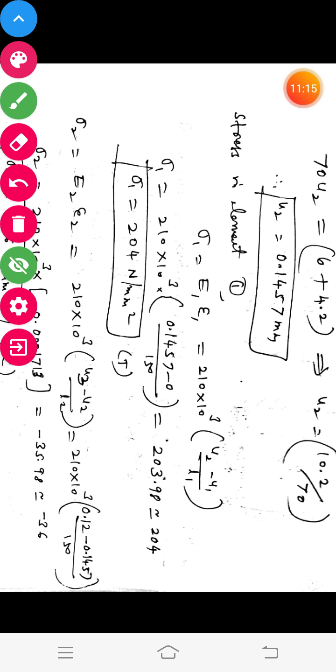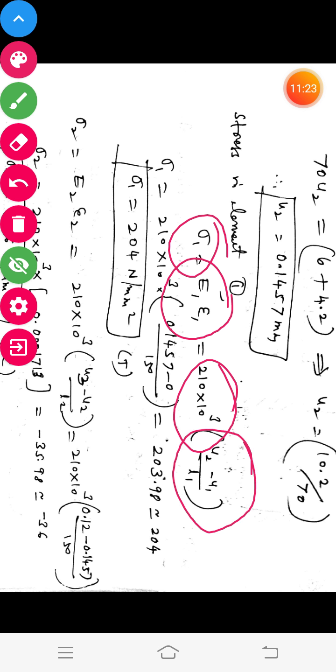Element 1: stress in element 1 using Hooke's law is Young's modulus into strain in element 1. Young's modulus is 210 into 10 raised to 3 megapascal, into strain in element 1, which is the change in displacement between the two nodes, final node minus initial node, U2 minus U1, divided by L1.